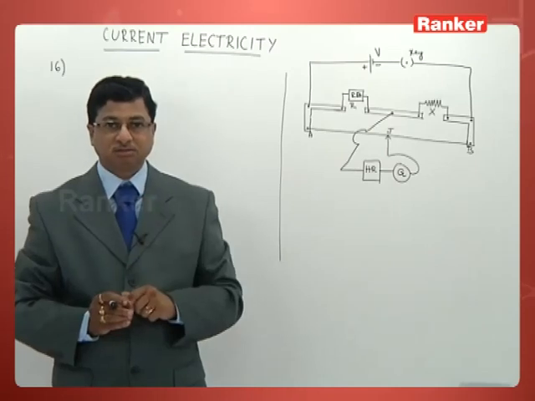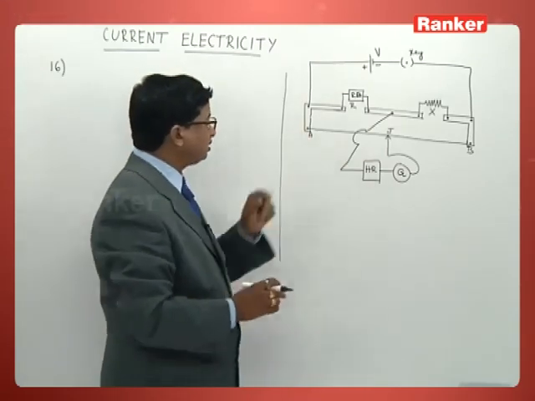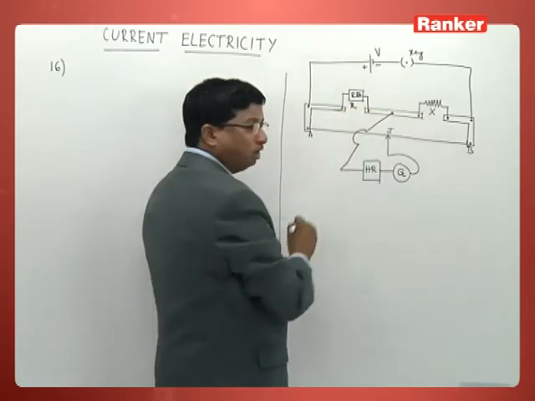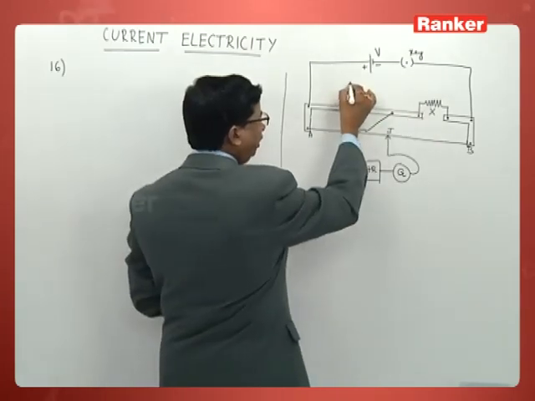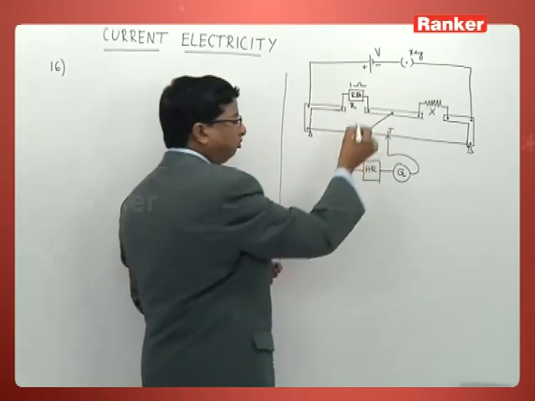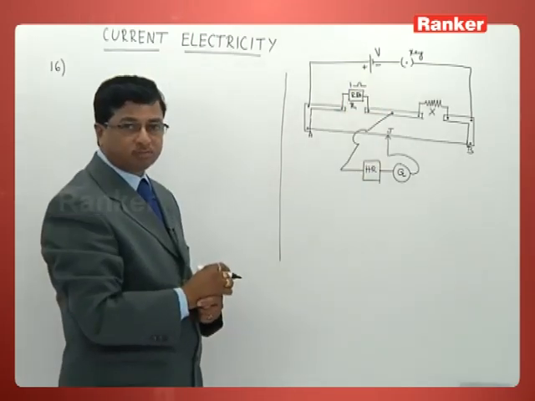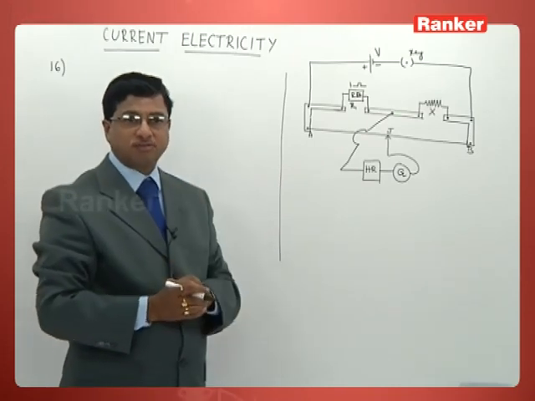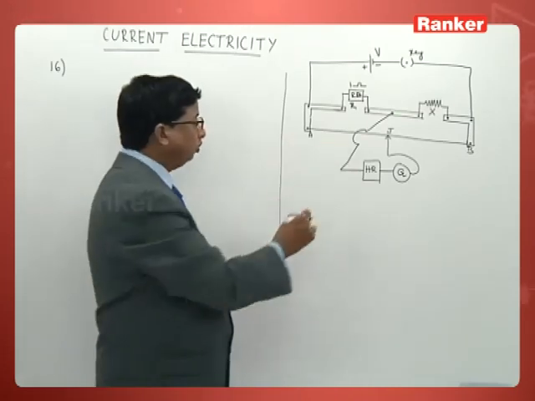So if you look at this, R is the known resistance, X is unknown, I said. Let us say you keep 1 ohm resistance in the resistance box. That 1 ohm is now the known resistance. Then what you have to do?